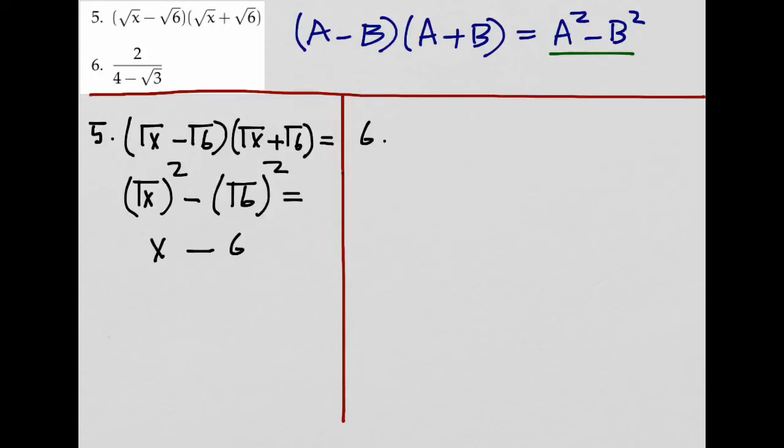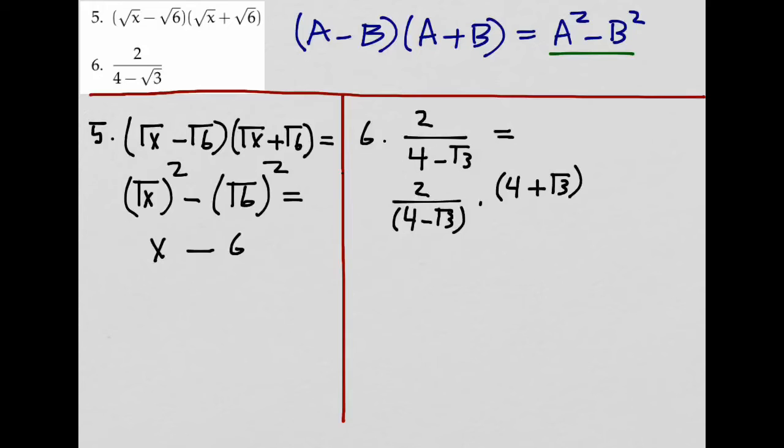Example 6, let's simplify the quotient 2 over 4 minus root 3. To do that, I'm going to multiply by the conjugate of 4 minus root 3 up and down. So, 2 over 4 minus root 3 times 4 plus root 3 over 4 plus root 3.